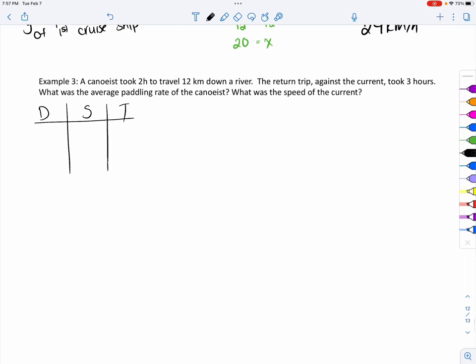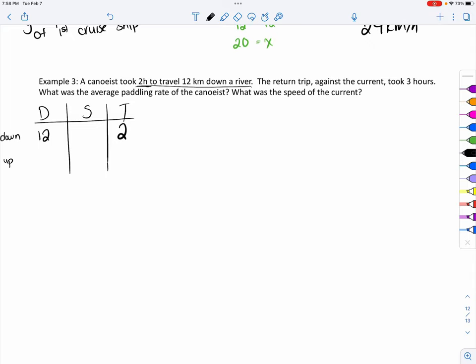Okay. So I know they're going to travel downstream and they're going to travel upstream. It took 2 hours to go 12 kilometers down a river. So 2 under the hours column, 12 kilometers, that's a distance.